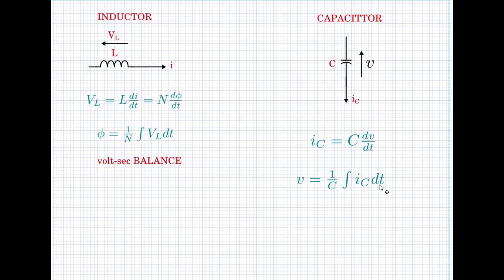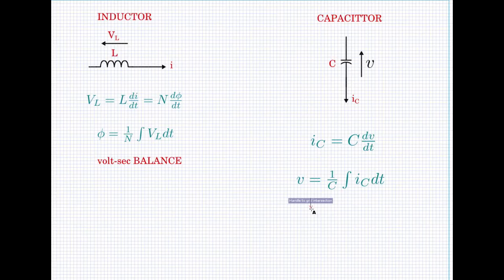The integral of the DC value dt means that this value will keep on increasing and the voltage will keep on increasing, which means that the voltage across the capacitor will go towards infinity and finally end up blowing the capacitance. And therefore, it is important that IC should not have an average value. IC dt should be balanced, that is, the amp second balance should be there.